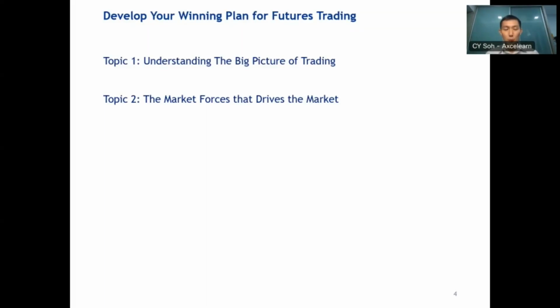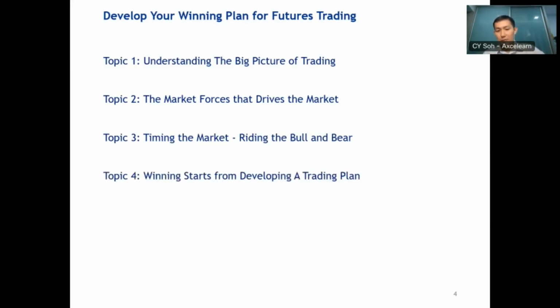When it comes to trading, you need to know there are reasons that drive the price to go up and come down. Topic 3 is timing the market and riding the bull and bear. Timing is important when it comes to trading, and you need to at least know the basic rules of trading. And lastly, topic 4, winning starts from developing a trading plan.